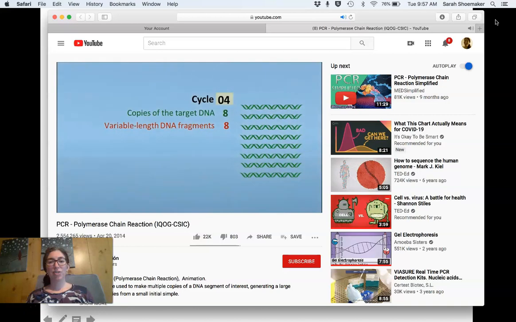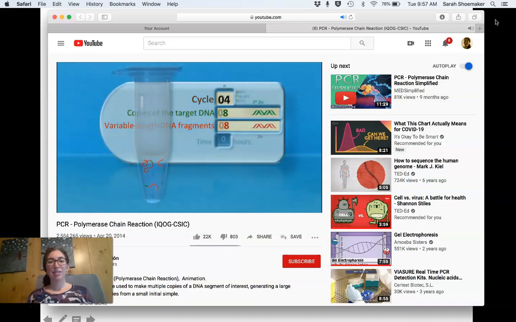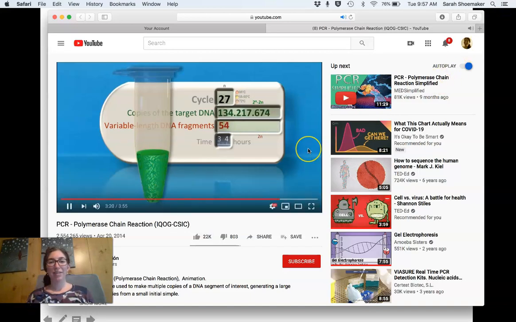So this nicely shows that exponential growth after 4 cycles. Right, after 20 cycles, we already had 1 million.